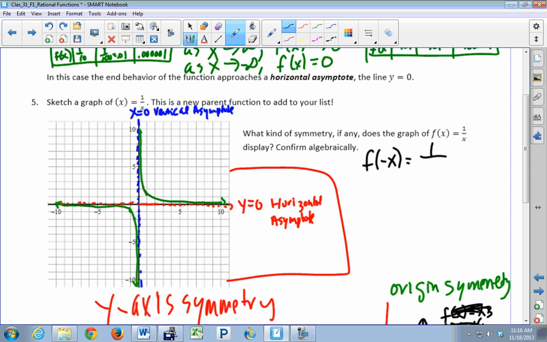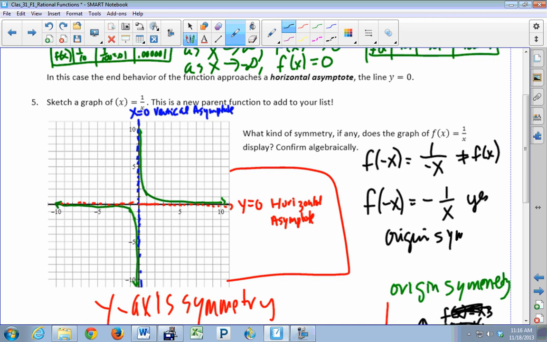So I put in -x for x, and I look at that and I say, that certainly does not equal f of x. Doesn't equal 1 over x. But does f of -x equal the opposite of 1 over x? Yes. These are opposites, so this has origin symmetry, because the y values are opposite.